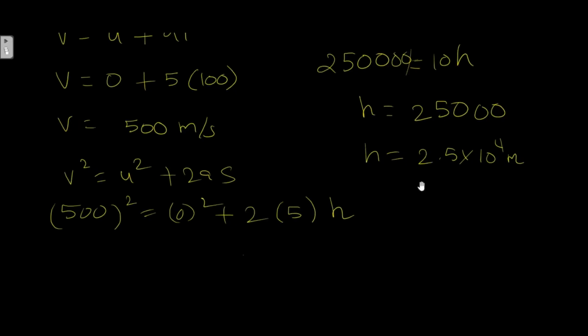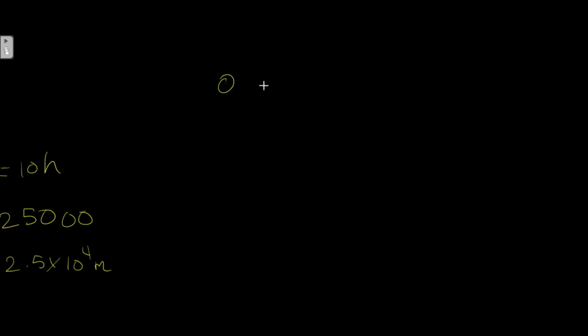Then the rocket moves under the influence of gravity because there is no propelling power. At maximum height the velocity is 0, v equal to u plus at.